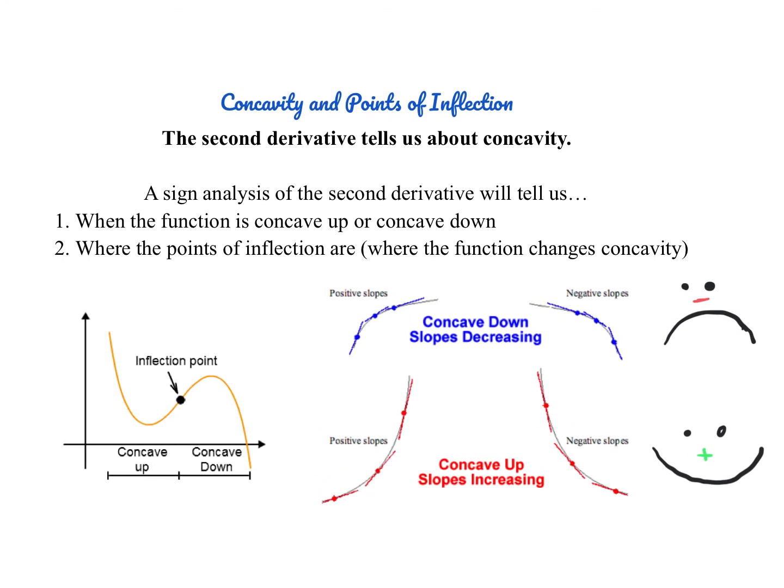So we are going to be doing now a sign analysis of our second derivative, which will tell us two things. It will tell us when our function is concave up or concave down, and it will also help us find what are called points of inflection, which is where our function is changing concavity from either concave down to up or vice versa.